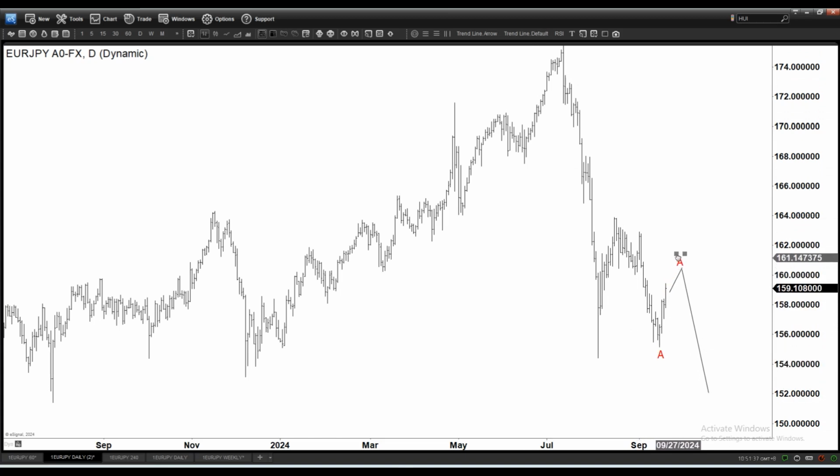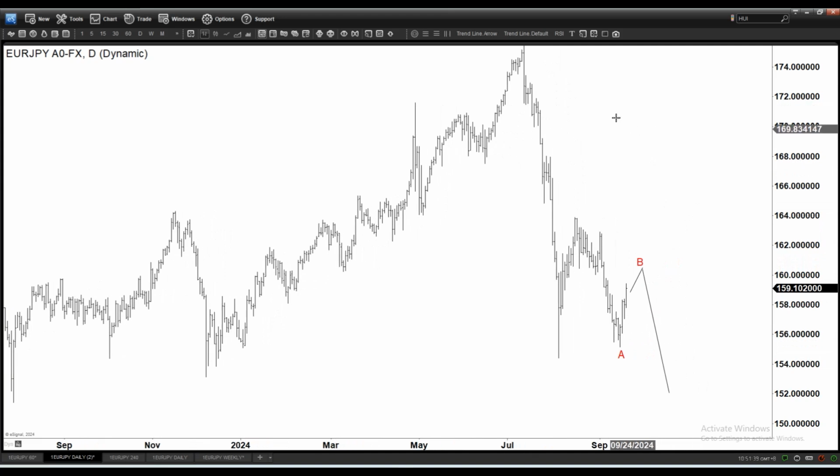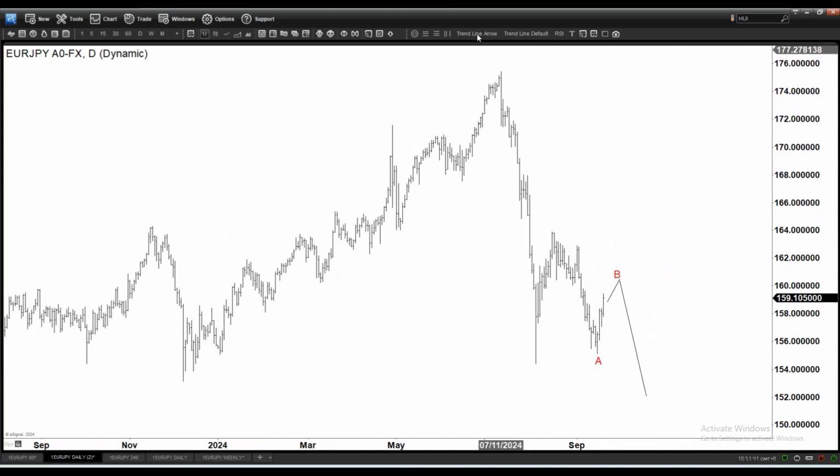If you take a look at the daily here, you notice we peaked here and then started to sell off. If it can break below the August 5th low, then it will be a bearish sequence, because it will show a lower low sequence from the peak, and that will confirm a bearish event.